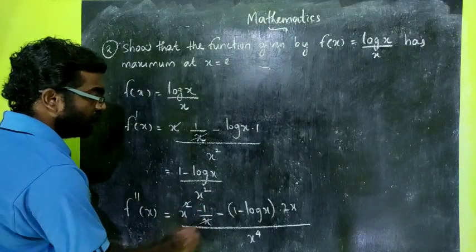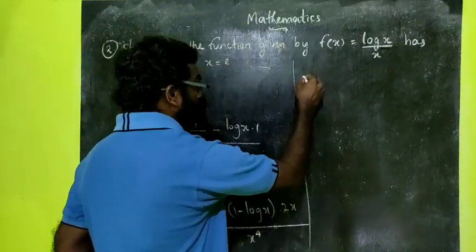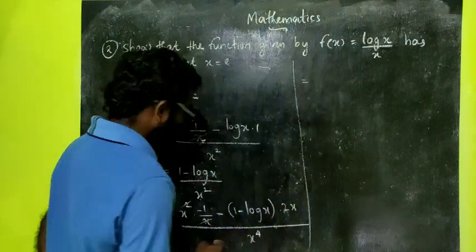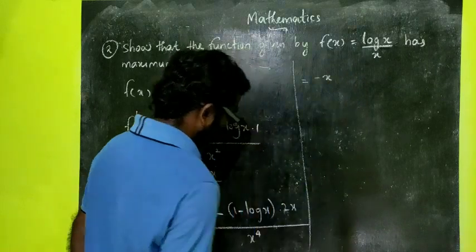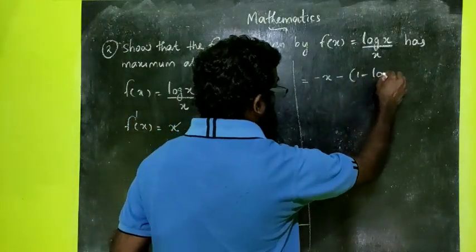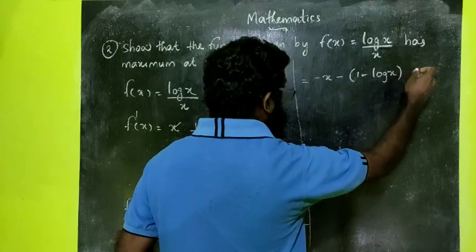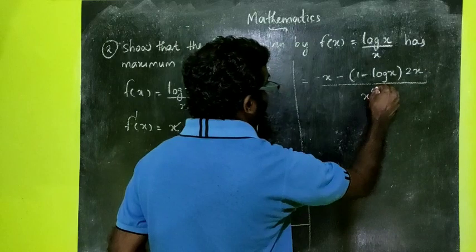Here also we can cancel one x. That is equal to x into minus 1 minus x, then minus of 1 minus log x into 2x, all divided by x power 4.